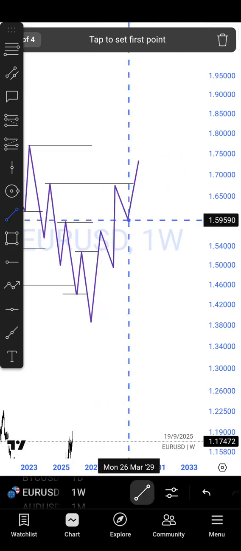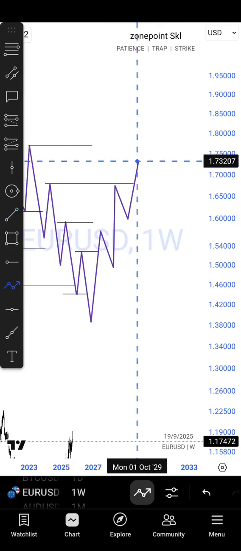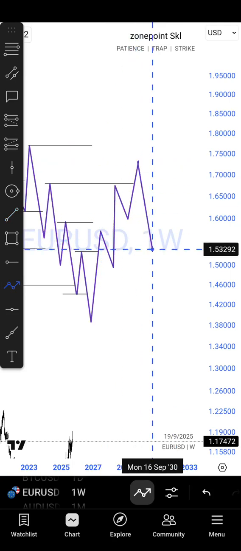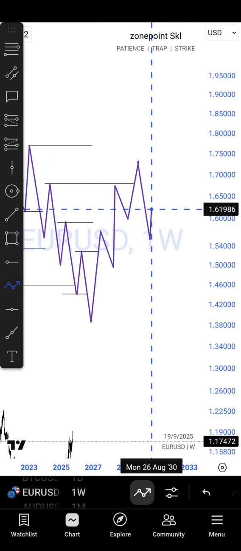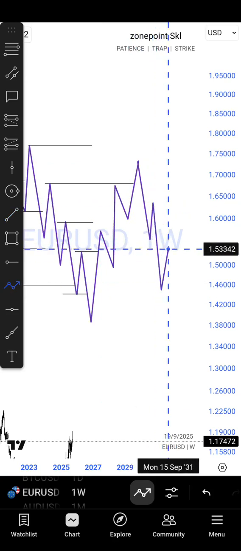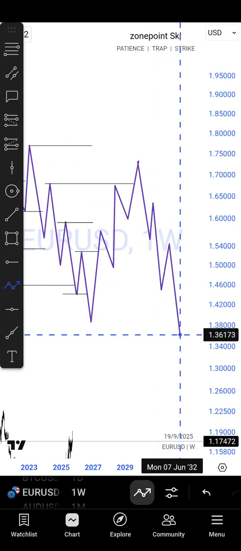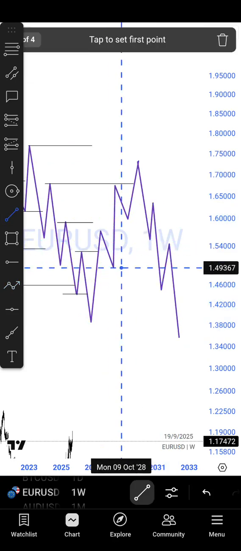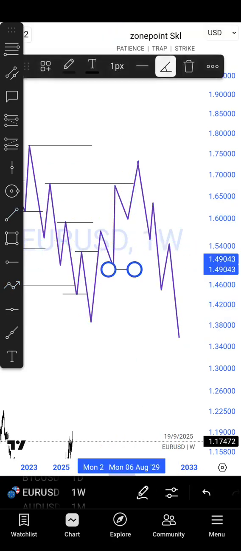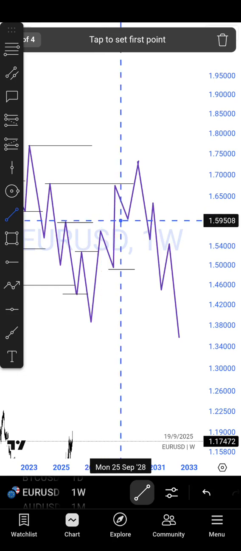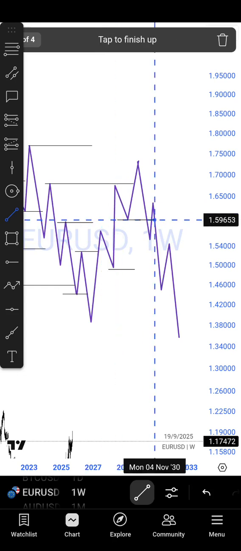Sweep it, and give us another new range. Close below, do something like this. Price will start taking out the structural liquidity here that price was forming.